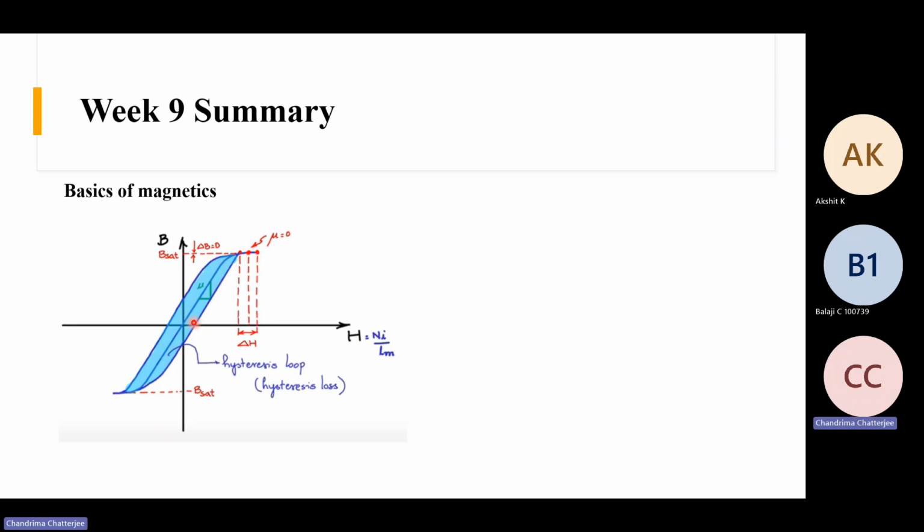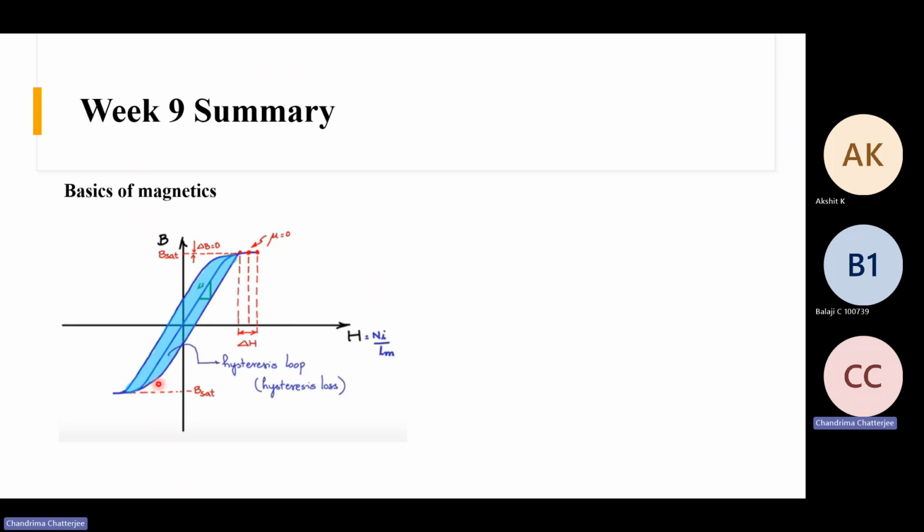The area under this hysteresis curve indicates the hysteresis loss. In the core also there is some loss. In any magnetic material there is copper loss, which is caused by the conduction loss in the windings, because there is some resistance associated with the windings and some power is dissipated there.